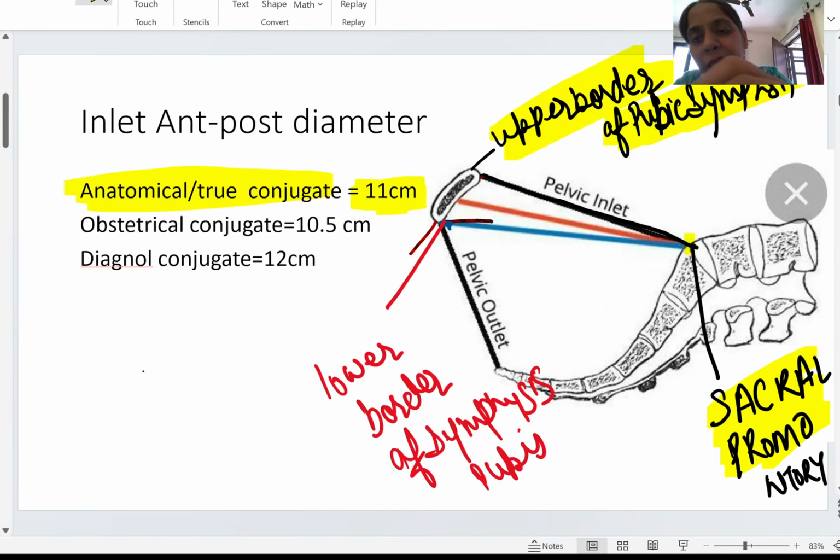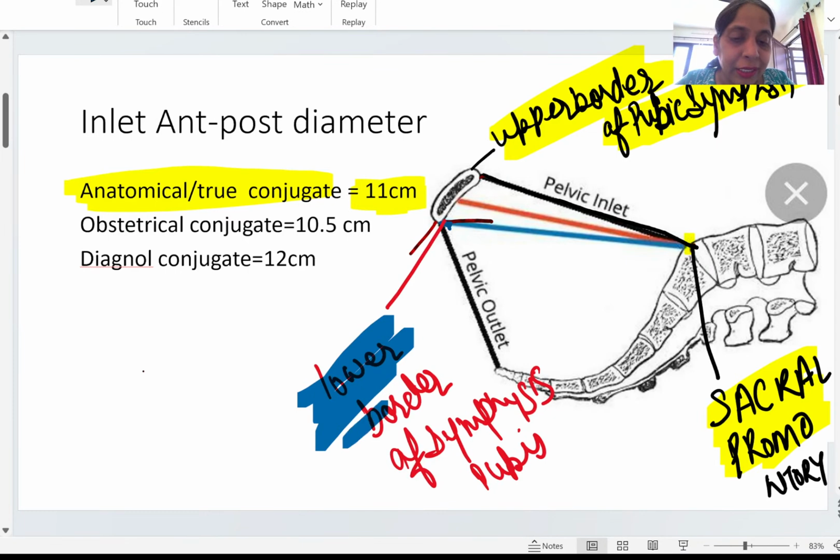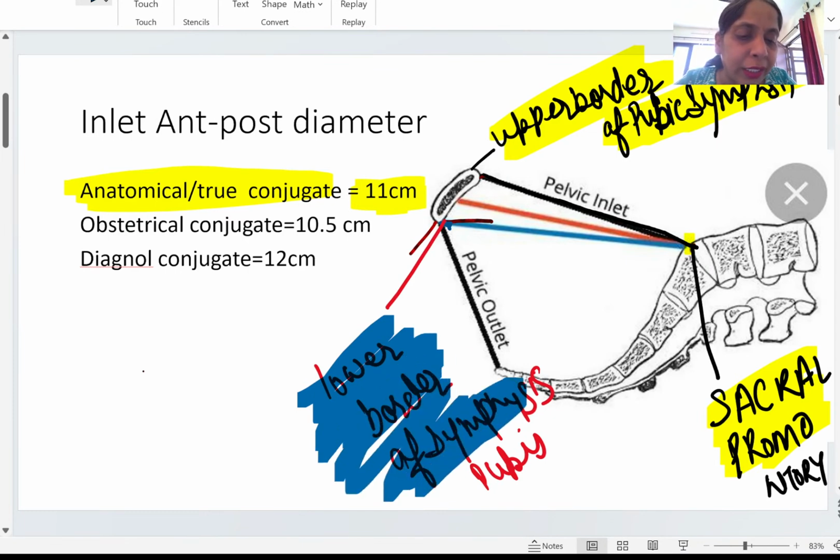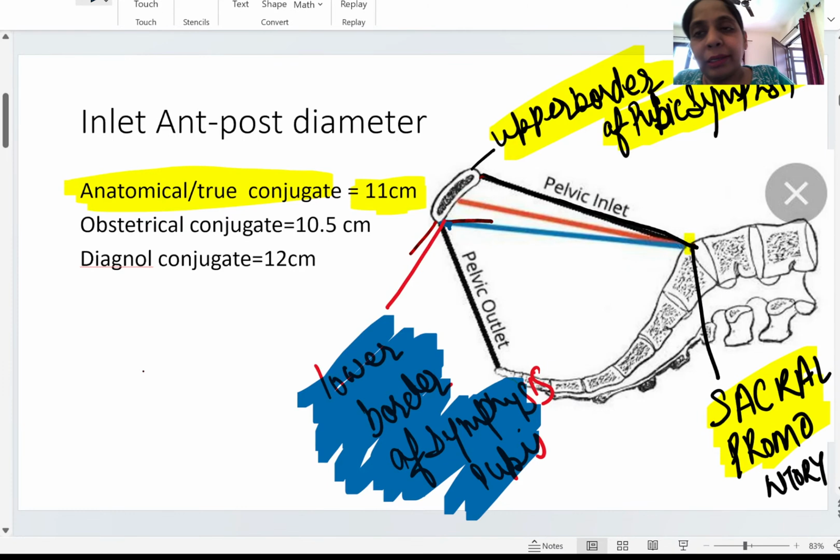So this one in blue color is the diagonal conjugate. Now here it is not visible, but usually the pubic symphysis in the mid is elevated. So what is the diameter?